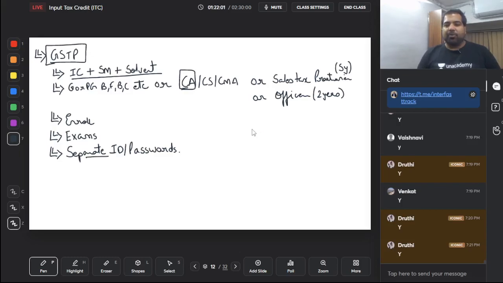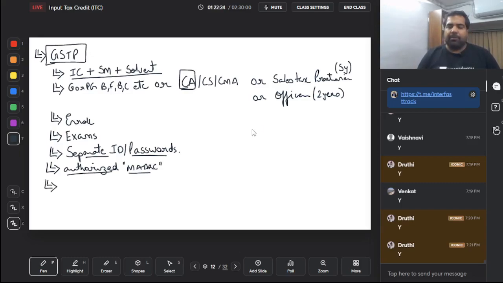I can take my own separate ID and password, and I can do all the tasks which are authorized by the client. If the client says you can register me, you can apply, you can do filing, you can do computation, all that he authorizes me to do, I can actually do.